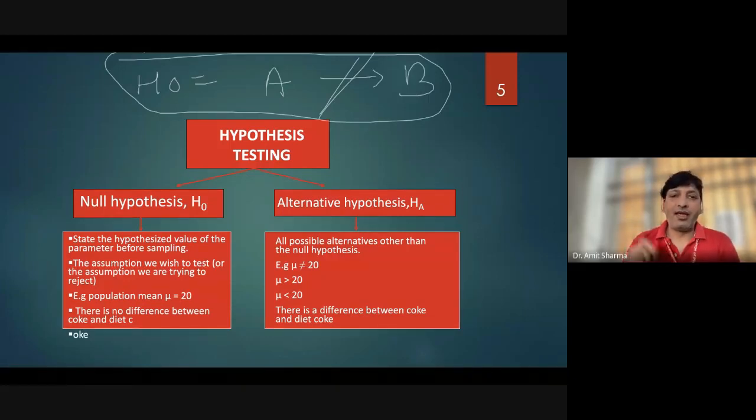So any research paper which you find that has not discussed what their null hypothesis and alternative hypothesis were, it means they have not worked as per the rules and regulations of research that we follow.